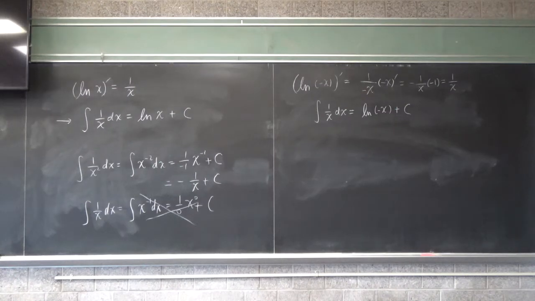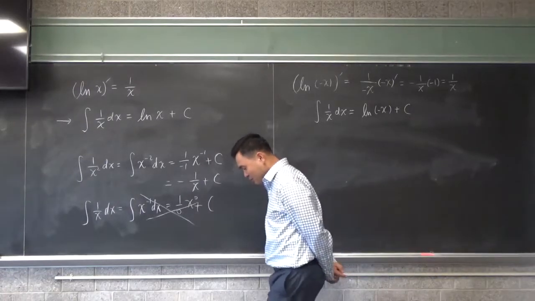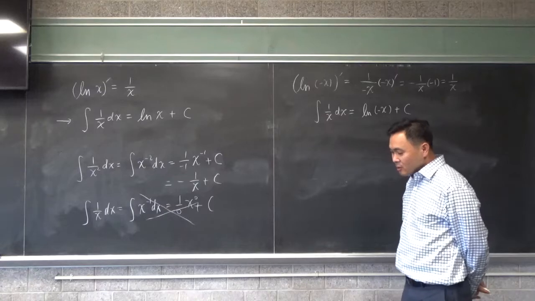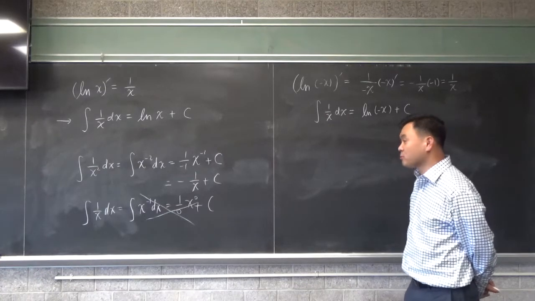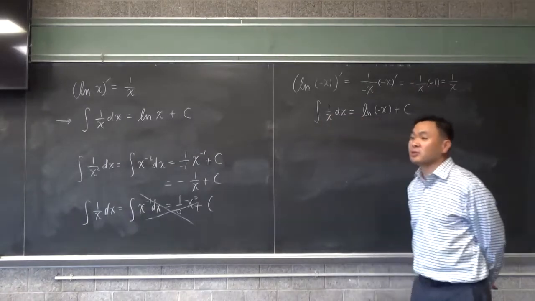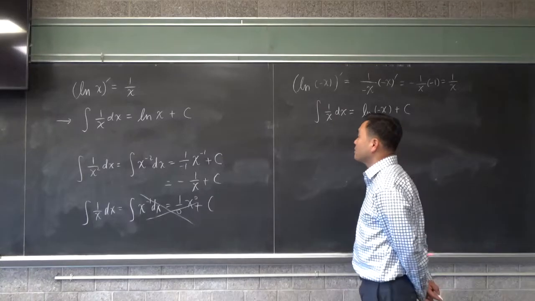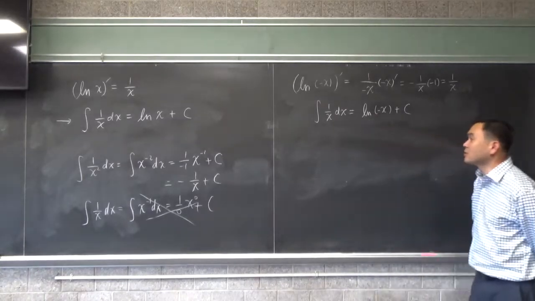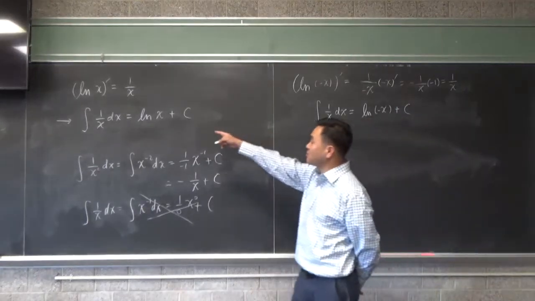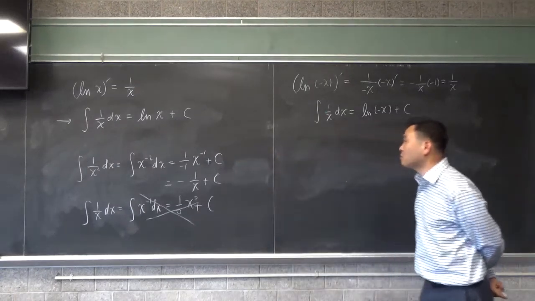That's another thing. One thing that I forgot to say is that if you have two different antiderivatives of a single function, you can show that they differ only by a constant. I don't want to do it right now. But the problem is these two functions are not differing by a constant, unless you allow complex numbers.